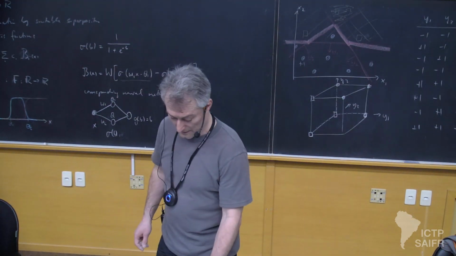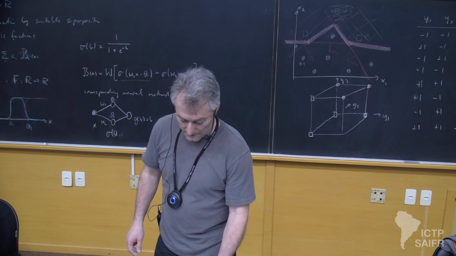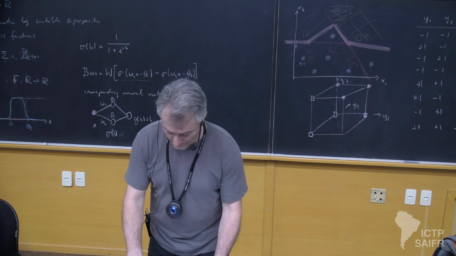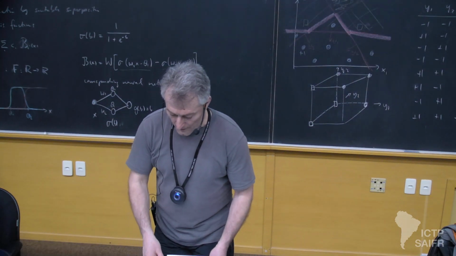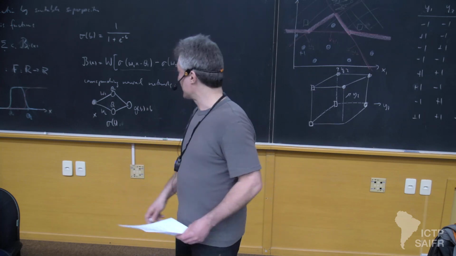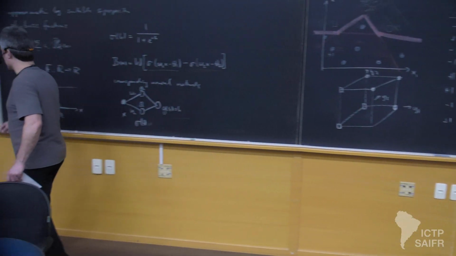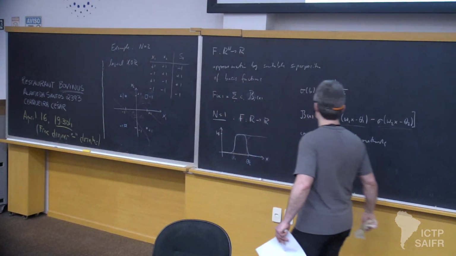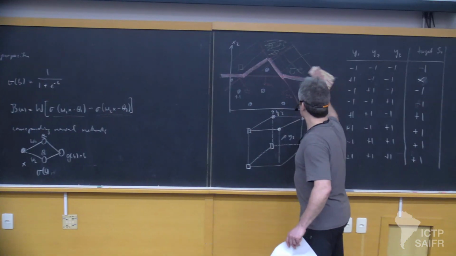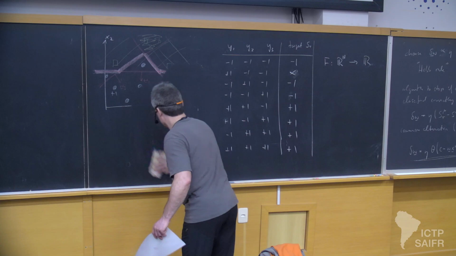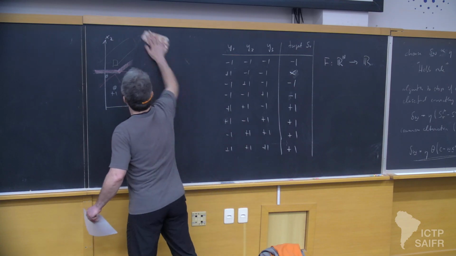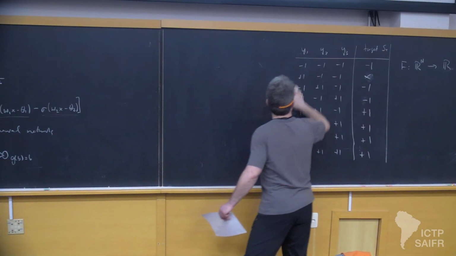Then you can do the same thing in higher dimensions with an additional twist, because I will just sketch it. I will not write down the formulas now because it's already quite late. So the idea is basically the same.